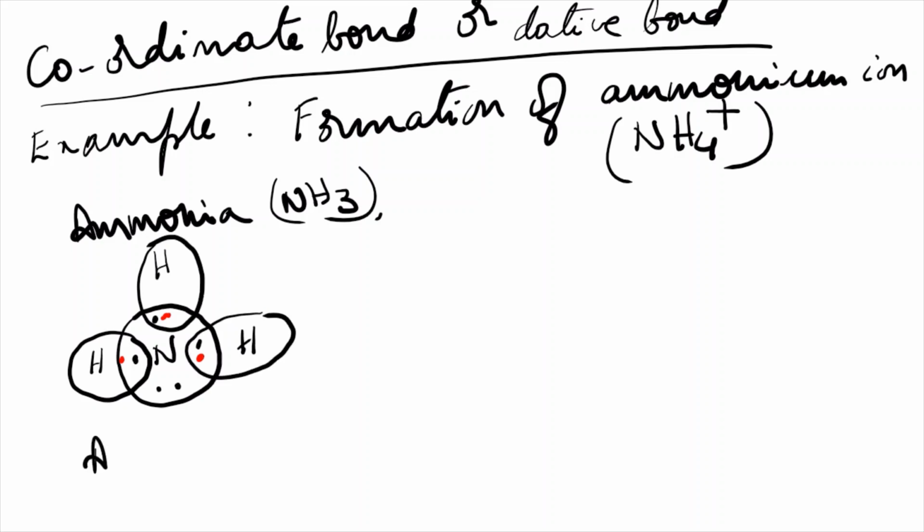This is the ammonia molecule with 3 single covalent bonds. But see here, this nitrogen atom in the ammonia molecule has 2 extra electrons. These are not shared, these are not utilized in the covalent bond. So these are called lone pair of electrons.